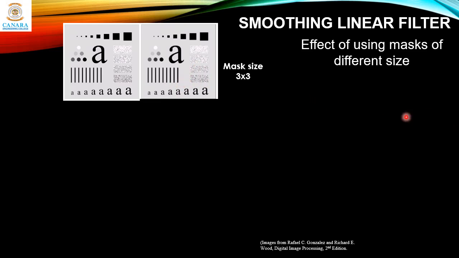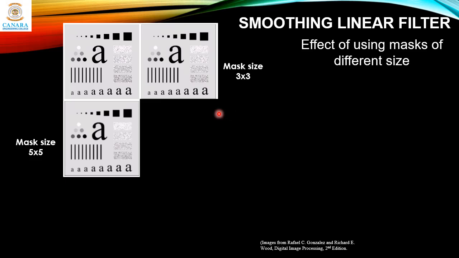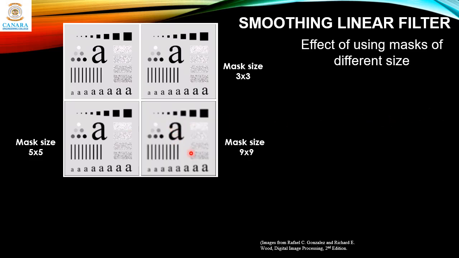But if you increase the size of the filtering mask to 5 cross 5, a 5 cross 5 averaging filter, this is the effect. You can see quite a difference here. This input pattern has changed into this low contrast blurry pattern. Now if you increase it further to 9 cross 9, this is the effect, and you can see this noisy pattern has almost vanished here.